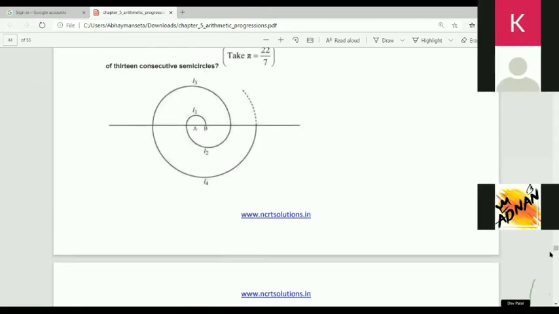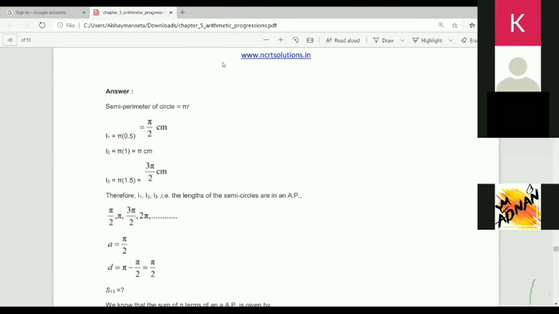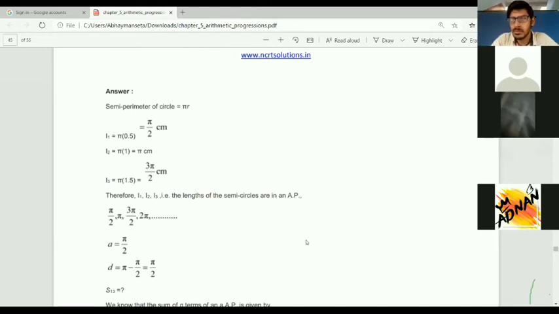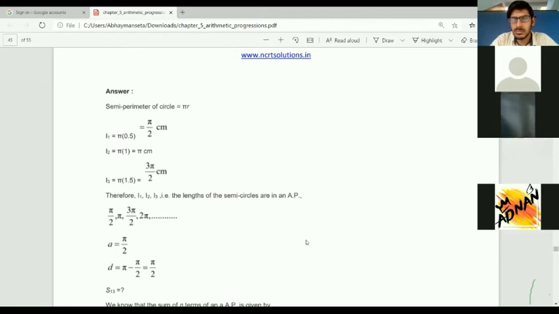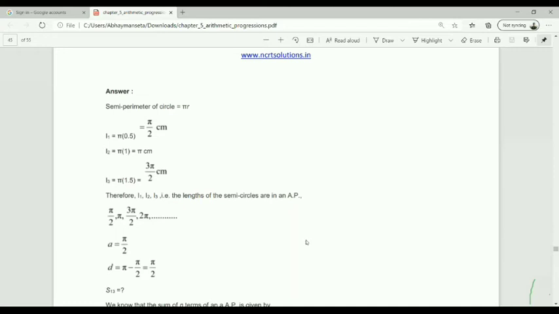Now we denote L1, where the first radius R1 is 0.5, so L1 is 0.5 into pi. L2 is pi into 1, because the second radius is 1.